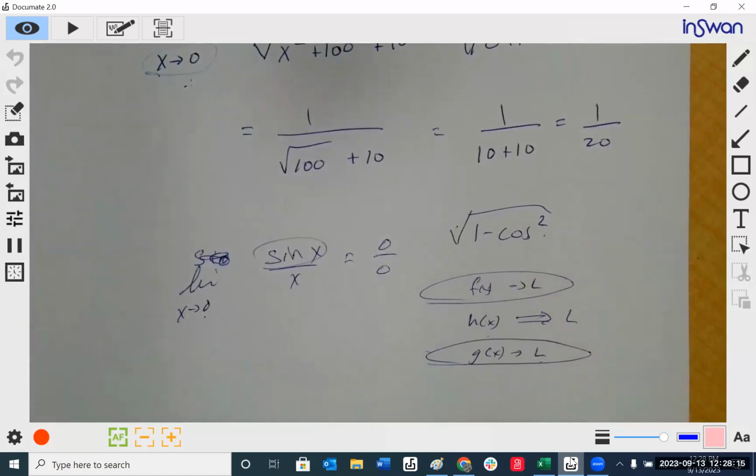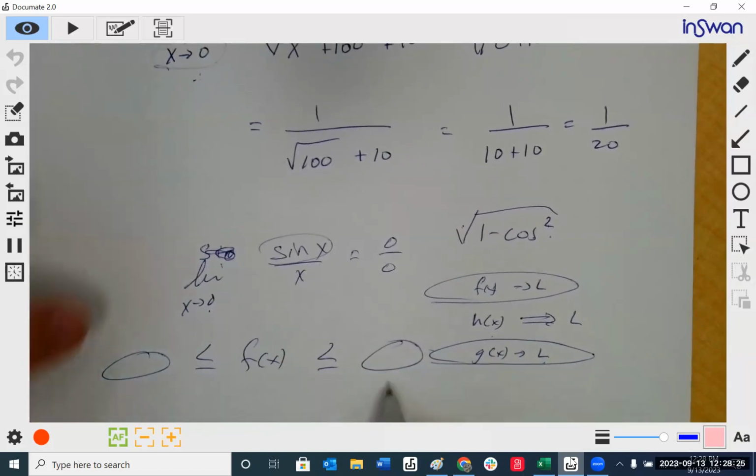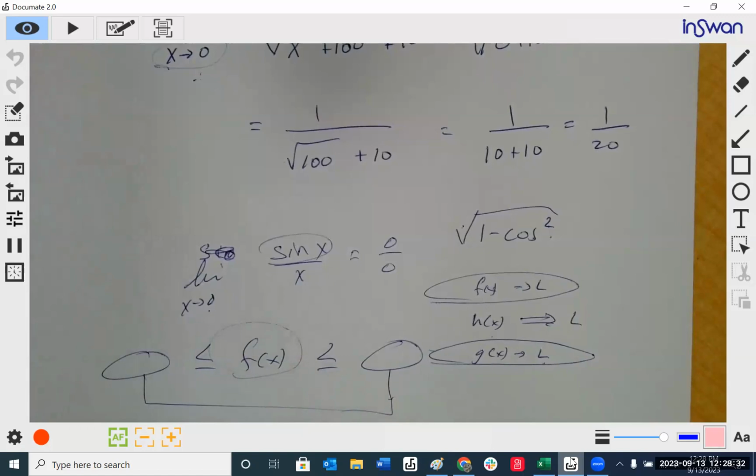What do we need to keep on doing? So it all depends on what we pick to both sides. You have to pick something here. These two have to equal the same thing. And then we'll make this one equal the same thing as the limits exist. So that's what we'll do on Monday.